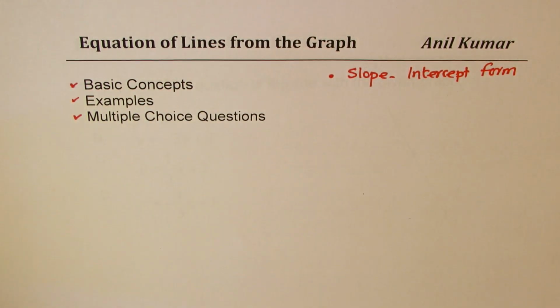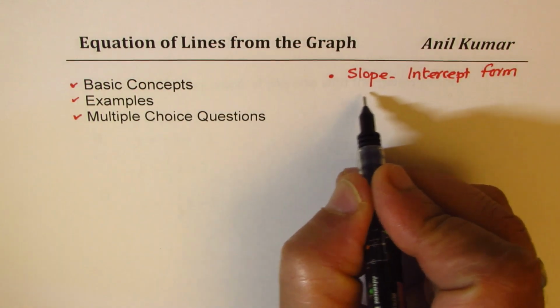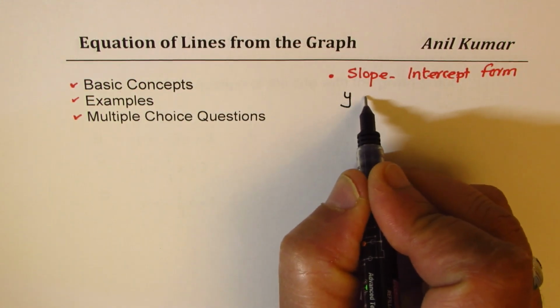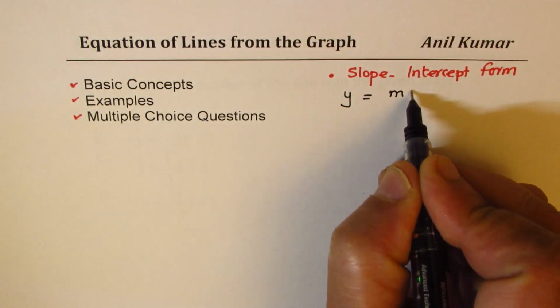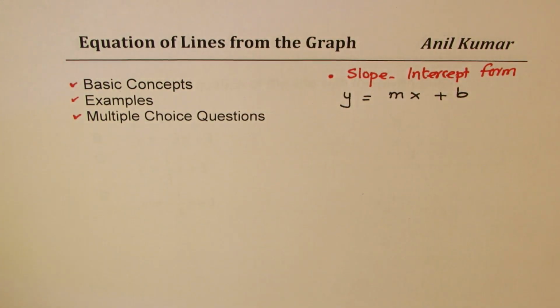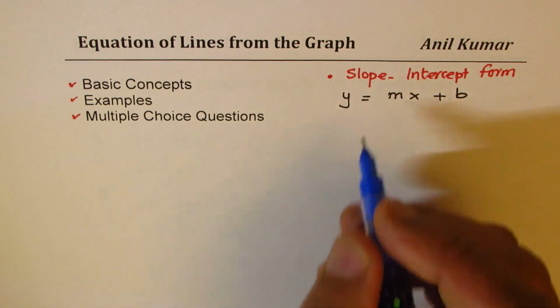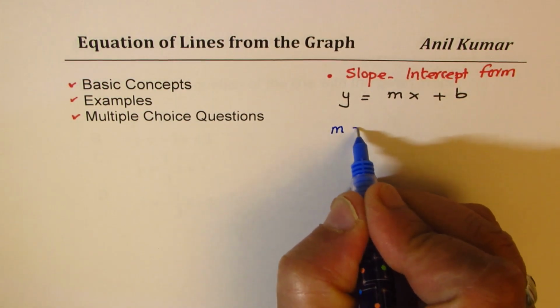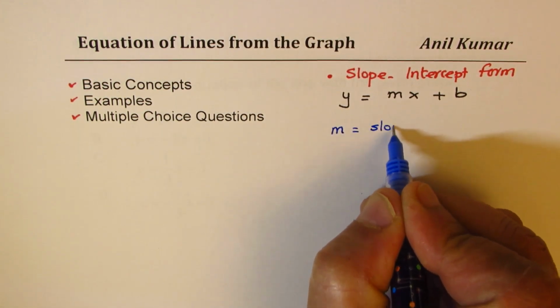I find it simpler to write equations of line in slope-intercept form. Therefore, we'll take that as our first choice. Equation of line in slope-intercept form is y equals mx plus b, where m is slope.